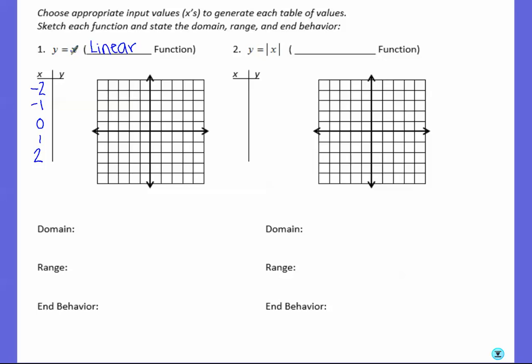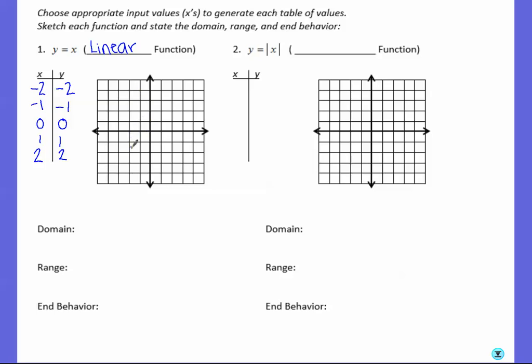So if x is -2, y will also be -2. We're just going to plug the x values into the x in this equation. So if x is -1, y is -1. If x is 0, y is 0. If x is 1, y is 1. And if x is 2, y is 2.